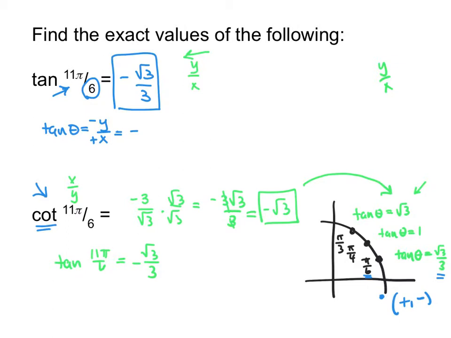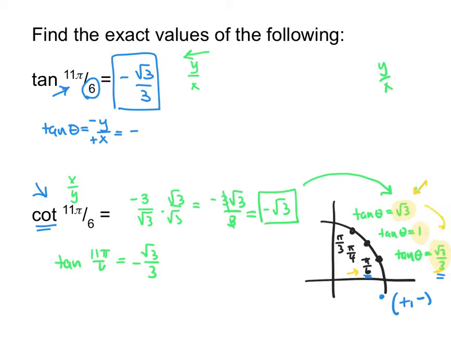Okay? Or if we flip the x and the y. So when you're finding a cotangent of something, it's still going to be one of these values right here. Either this, this, or this. So these are the tangents. If I ask you the cotangent, let's say the cotangent of this right here, it's not going to be this anymore. It's going to be this other one.